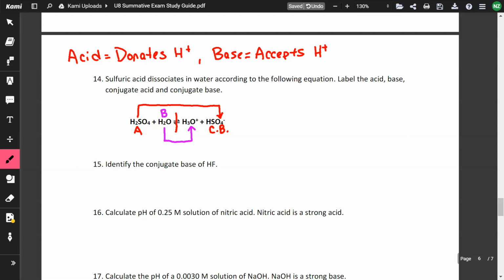This will be a base. This will be a conjugate acid. Number 15 says identify the conjugate base of HF. Conjugate base is going to lose or donate an H plus. So our conjugate base will be just F minus. So it lost or donated H plus.